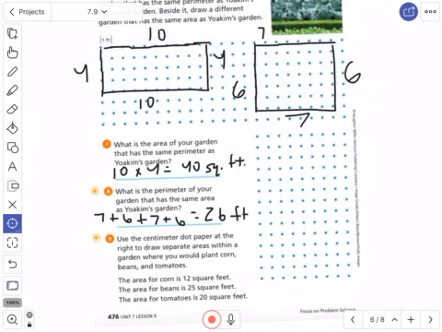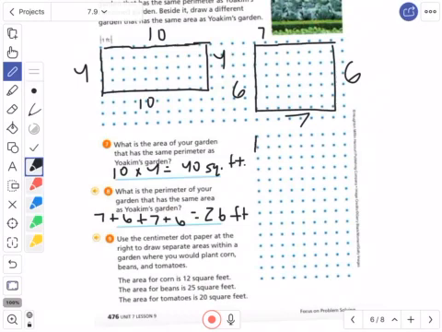So I have to think, okay, what two numbers, multiples, would equal 12? And there's a bunch of different answers. For me, I'm going to do 3 and 4. Because 3 times 4 equals 12. And that's going to be my corn.